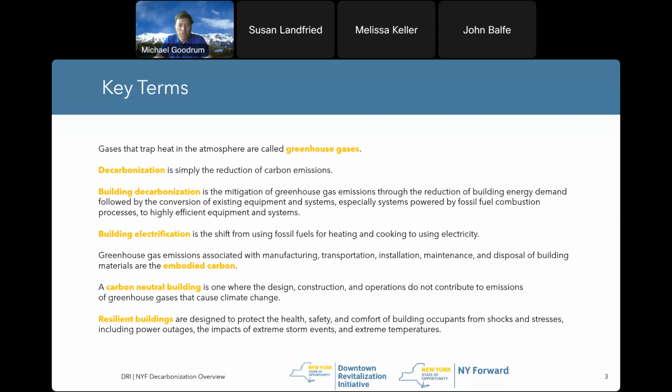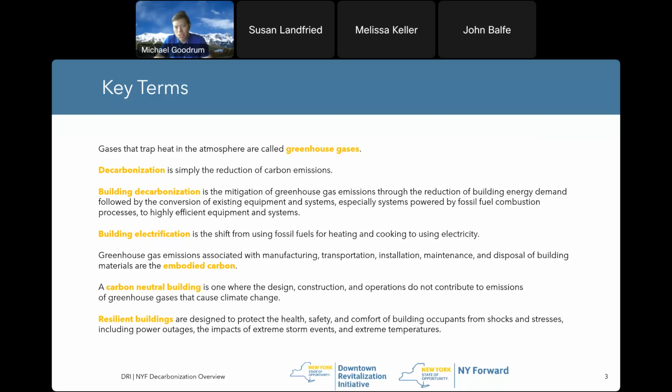When we start talking about building decarbonization, that's looking at mitigating those carbon emissions through reducing building energy demand and converting existing equipment to highly efficient systems. And that's especially fossil fuel equipment.